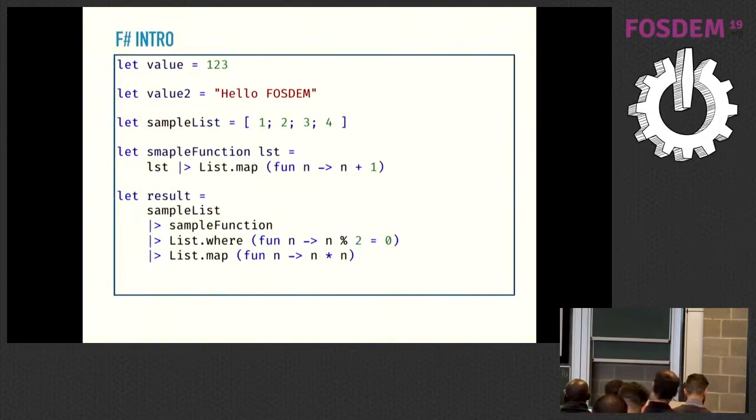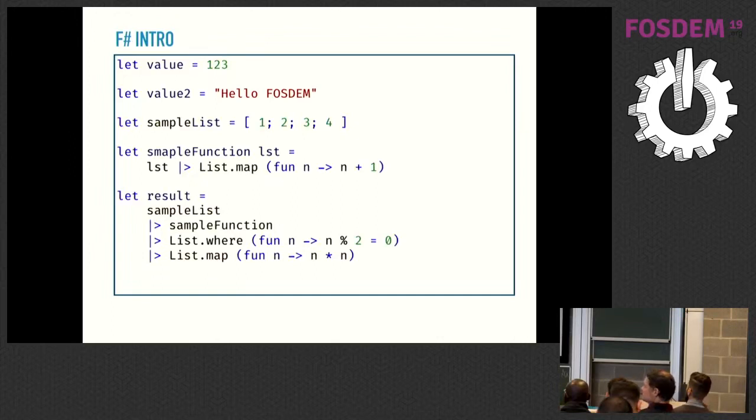The F# language comes from the family of ML languages. It is characterized by a couple of things. First of all, it is a statically typed language, but it has a strong mechanism of type inference, so you don't need to manually specify types in your code.